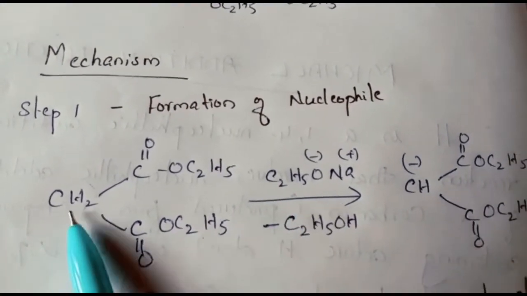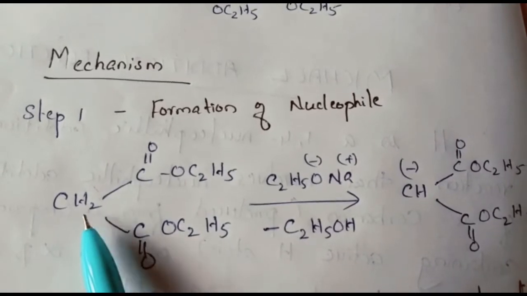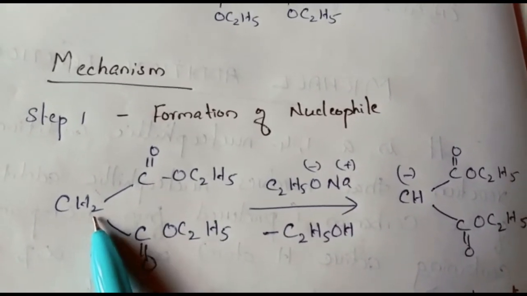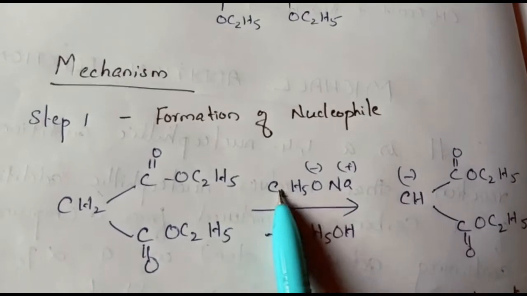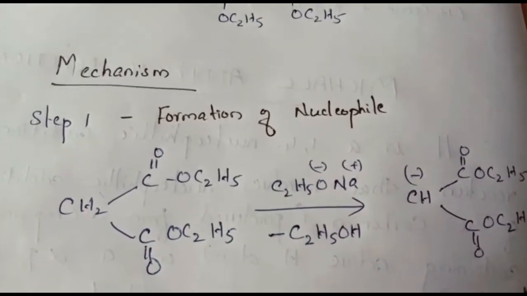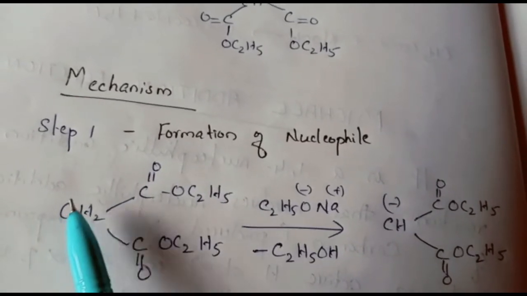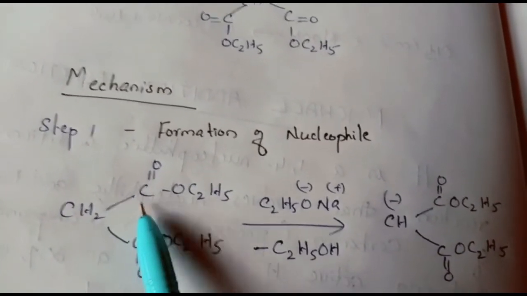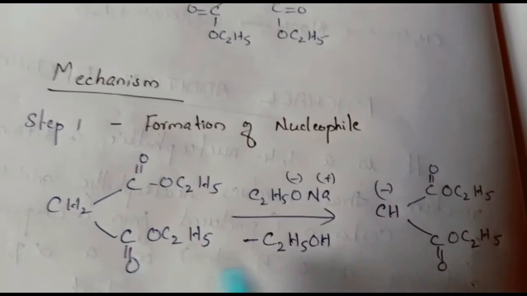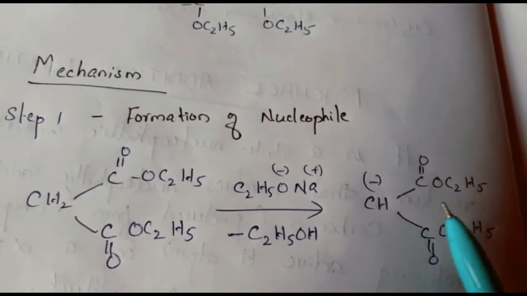C2H5O minus will take this H plus ion because this hydrogen is active, so it can lose hydrogen as H plus ion. So this will form carbanion CH minus (COOC2H5)2. So this is the nucleophile.